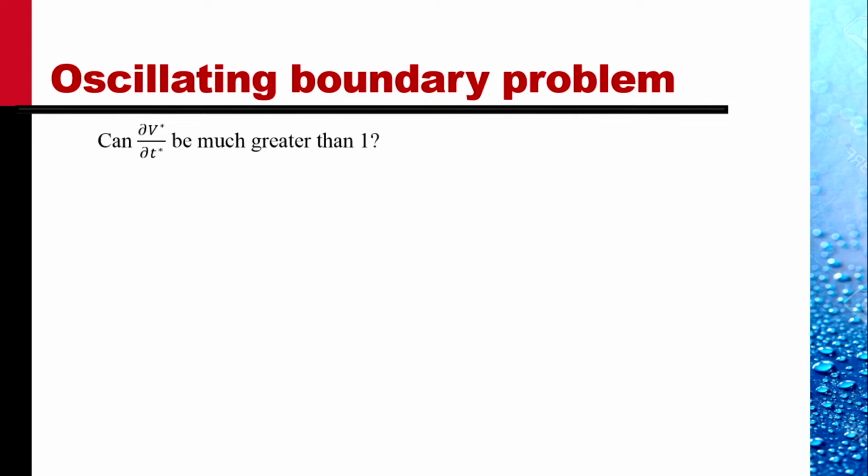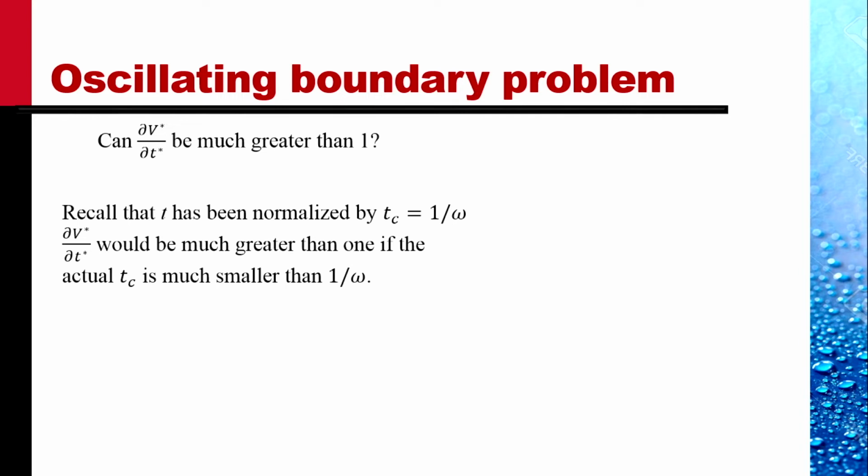Can del v star by del t star be much greater than 1? Recall that t has been normalized by Tc, the characteristic time, which is 1 over omega. Del v star by del t star would be much greater than 1 if the actual Tc is much smaller than 1 over omega. Is this possible?